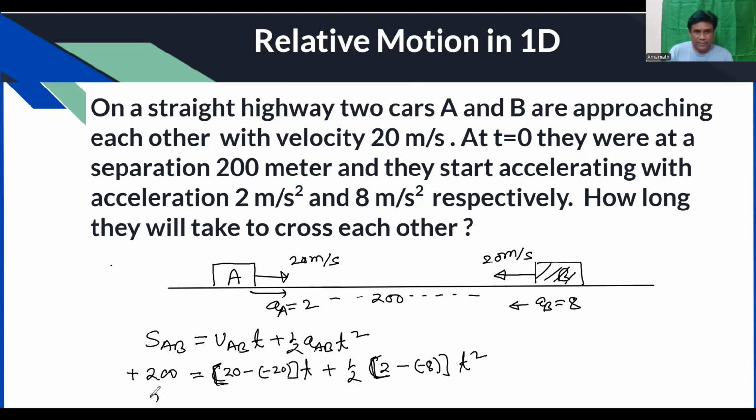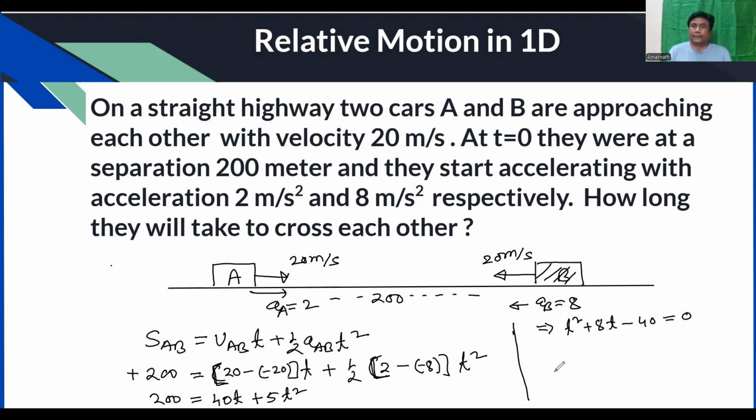So let us try it. 200 is equal to 40t plus 5t square. It will be a quadratic equation. If I divide everything by 5, it will be t square plus 8t minus 40 equal to 0.